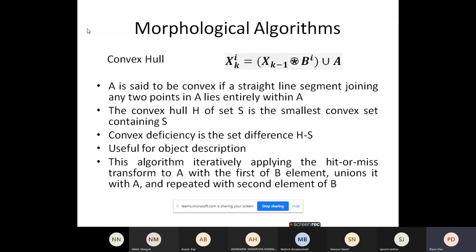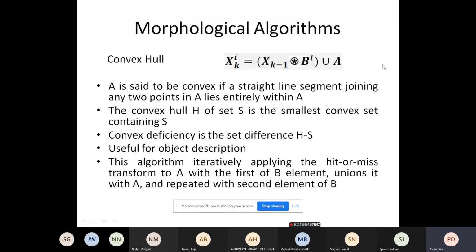So basically what we are trying to do in convex hull is iteratively apply the hit or miss transform to any image A, taking a structuring element B, isn't it? And we take the union with A of those structuring elements, and repeatedly we consider the second element of B, like that, isn't it? Continue.